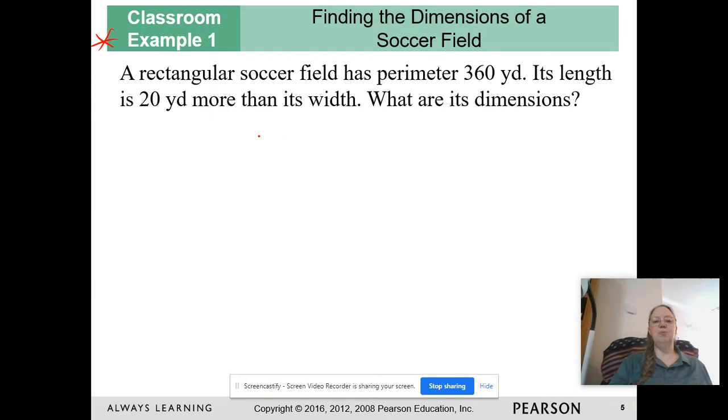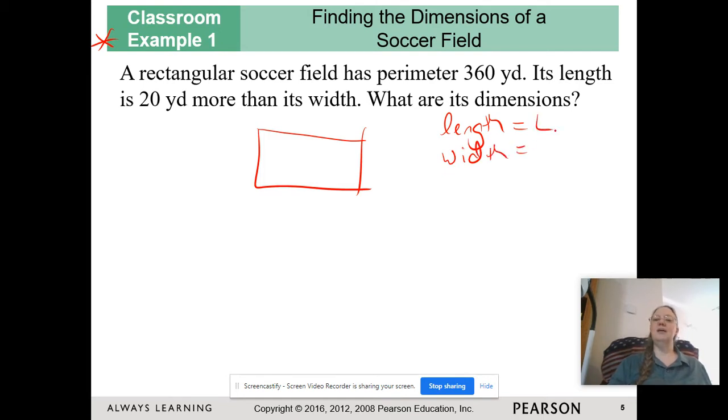A rectangular soccer field has a perimeter of 360. That should be a rectangle. Its length is 20 yards more than its width. So we have length and we have width. We're going to call length L and width W. This is different from how we did it in the past.